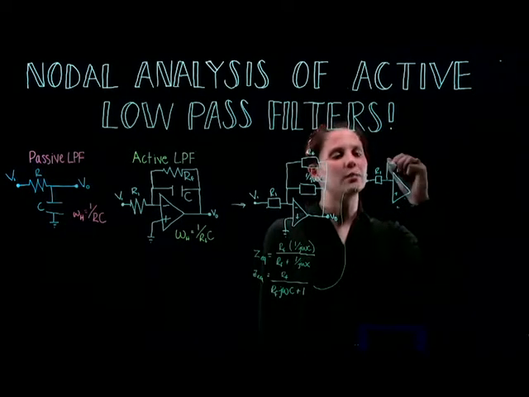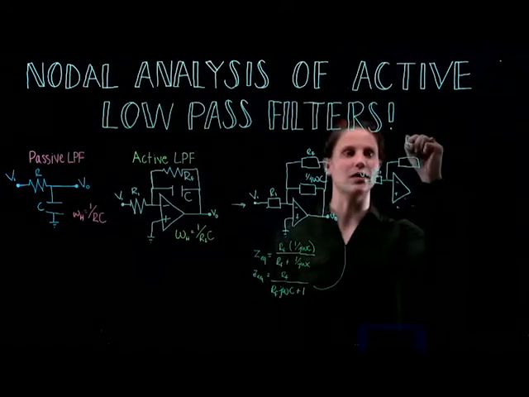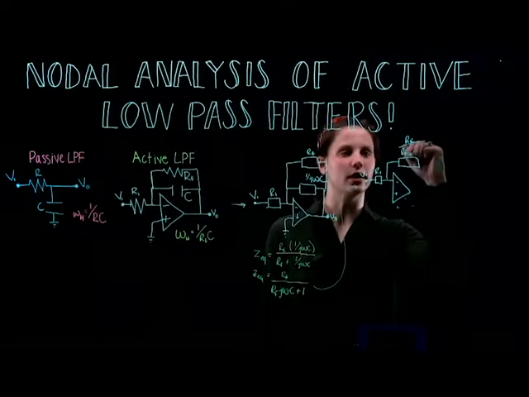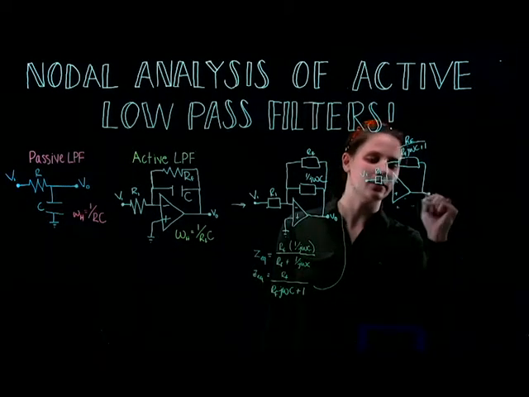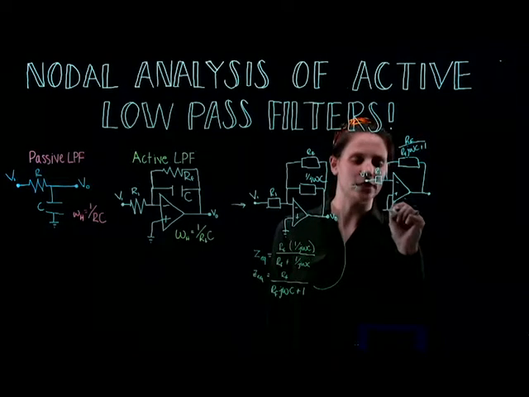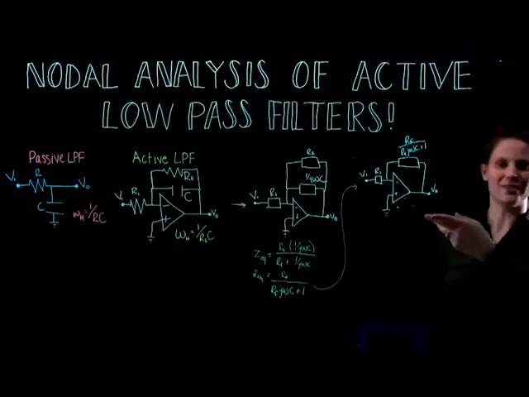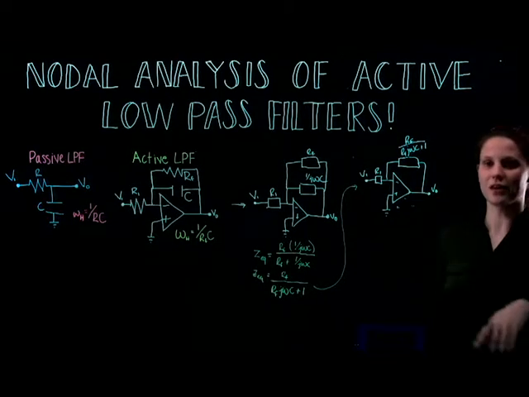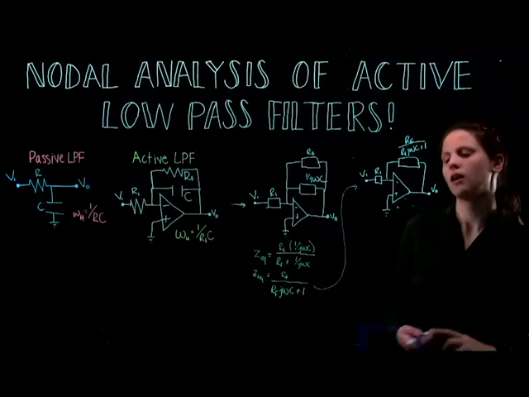And up here, we're just going to have our equivalent impedance, which is RF over RFJωC plus 1. And then we will finish by drawing our Vout over here. Now that we have this, we know this is just an inverting op-amp. We aren't going to plug it into the formula, but you very well could right at this point.